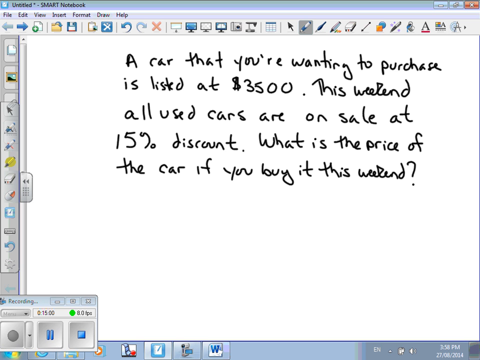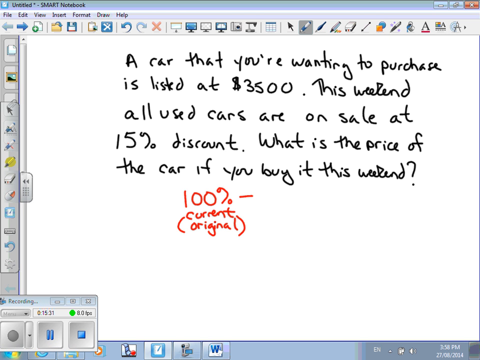Okay, so you're going to buy a used car. It's $3,500 right now, but if you wait and buy it on the weekend, it'll be a 15% discount. If you think about the current price as 100%, or the word I've been using up to this point, the original price is 100%.